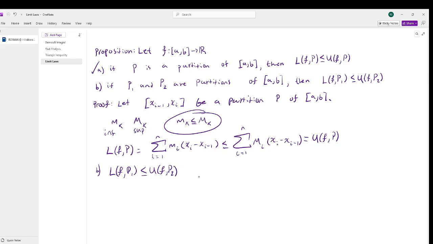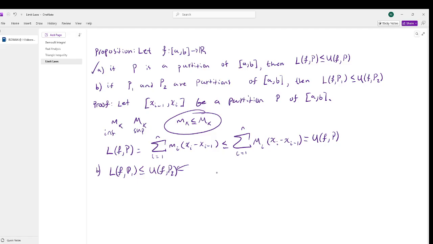So basically the lower sum of any partition will be less than or equal to the upper sum of any partition. To do this, the idea is to find something, let's say a star, to squish between them so that we can show these are less than or equal to each other.